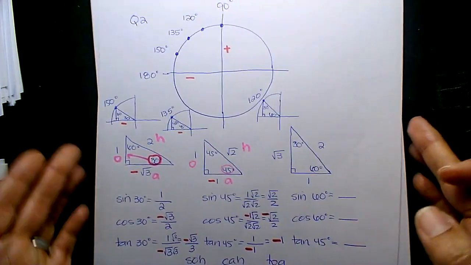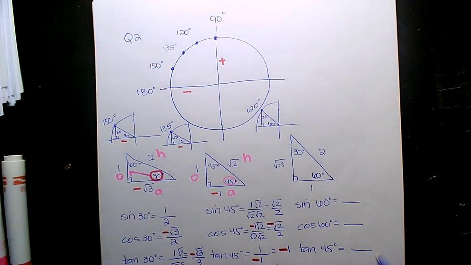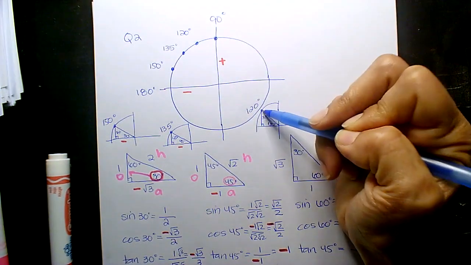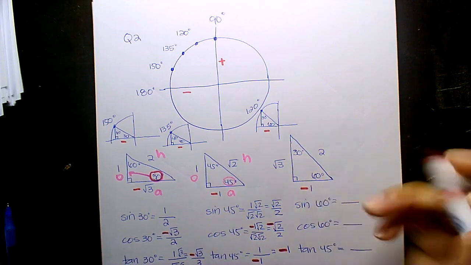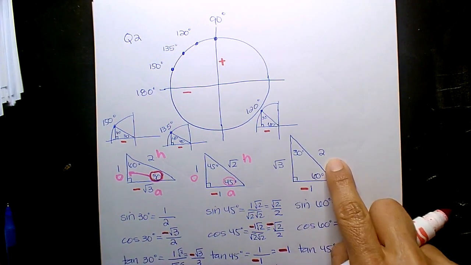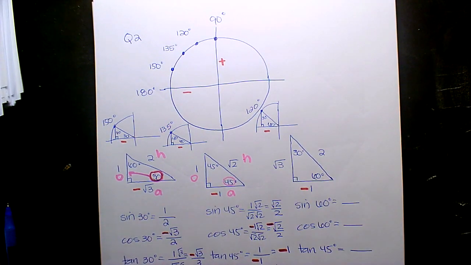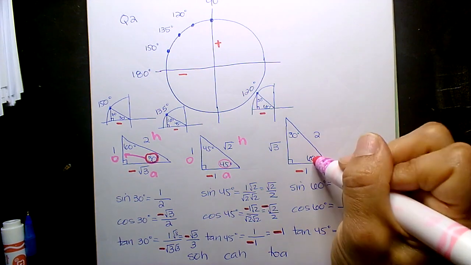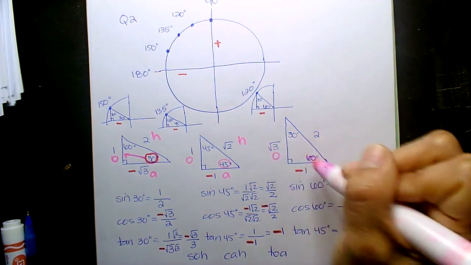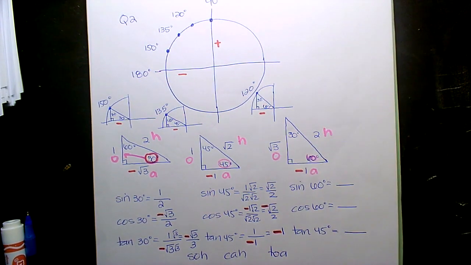So now 60. Okay, so remember, 60 is 120 degrees. So again, this is negative. So this is a -1, rad 3, 2. So now what is sine of 60 degrees? Well, this is my angle, OAH.